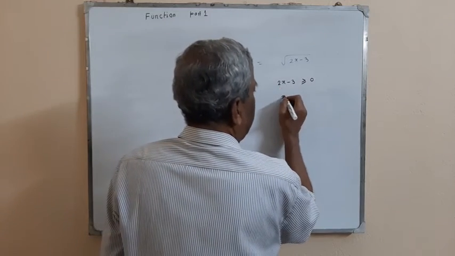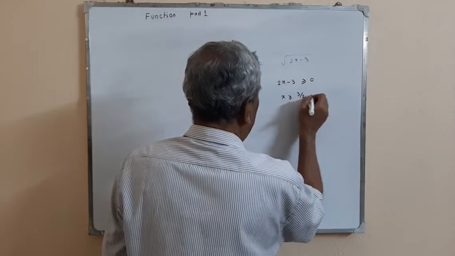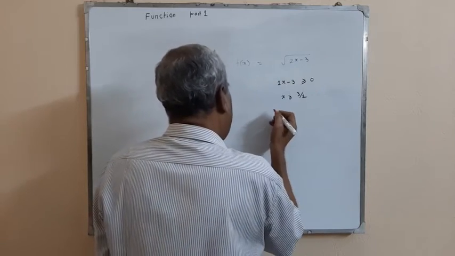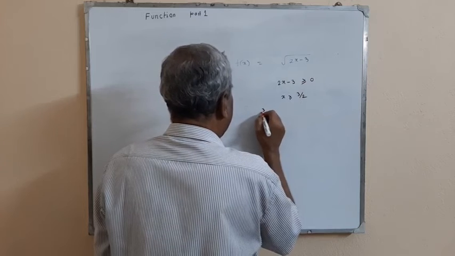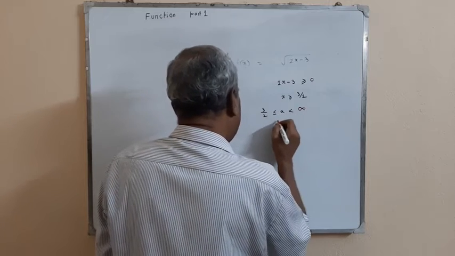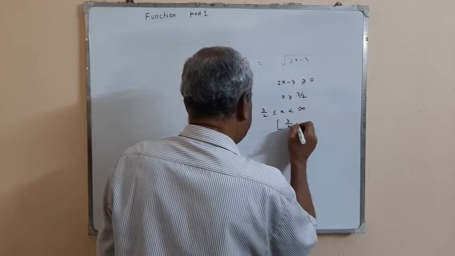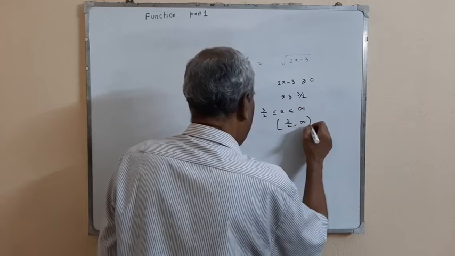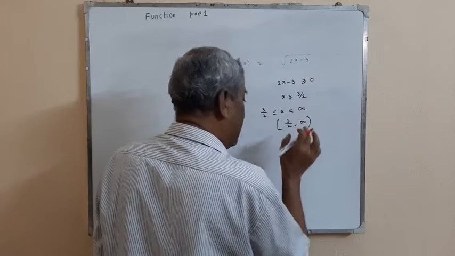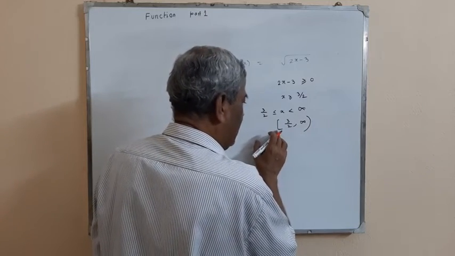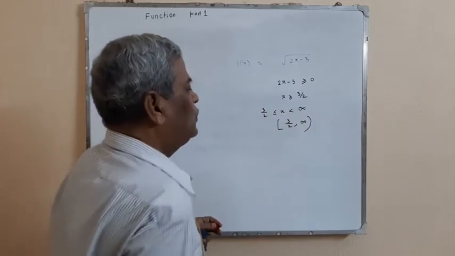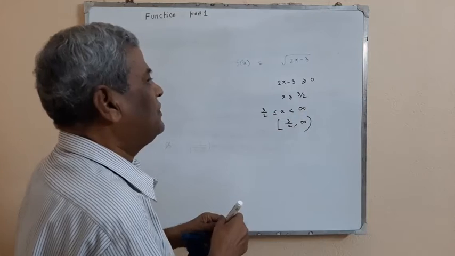So x greater than or equal to 3/2 is the domain of definition of the function, and we can write it like that: 3/2 ≤ x < infinity, or we can write like this: [3/2, ∞). The first bracket means it is not included, and the third bracket means it is included. So this is the domain of definition of that.